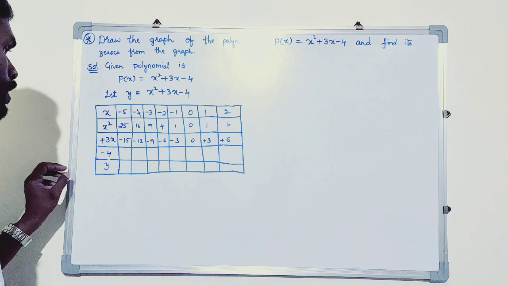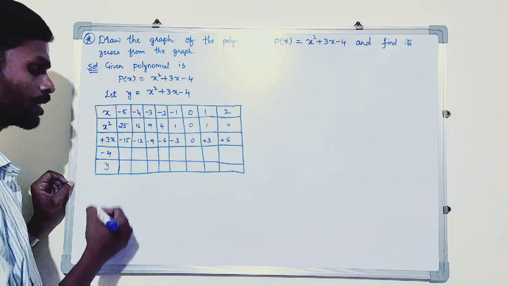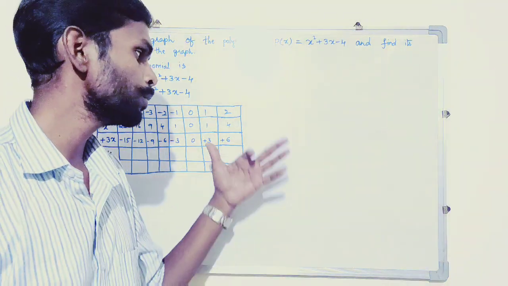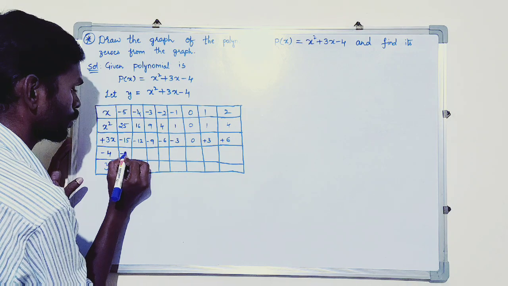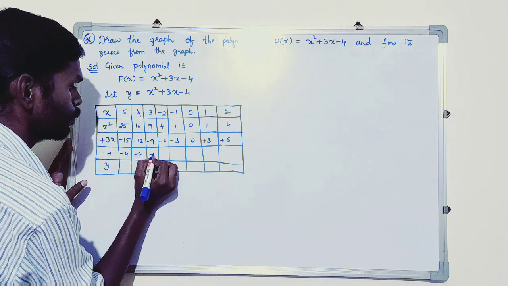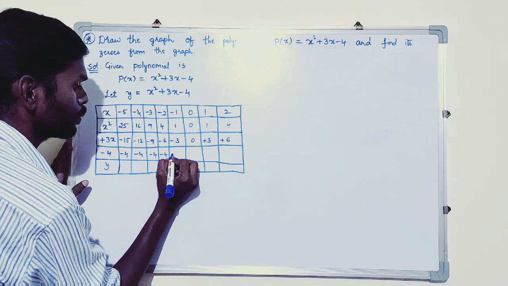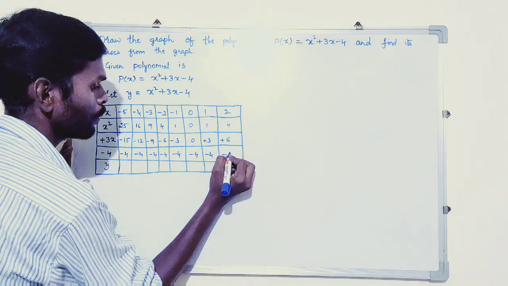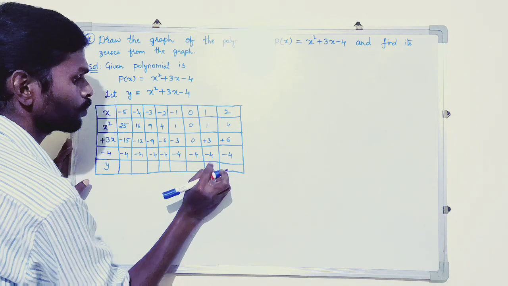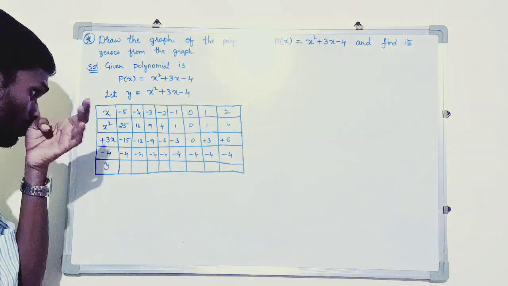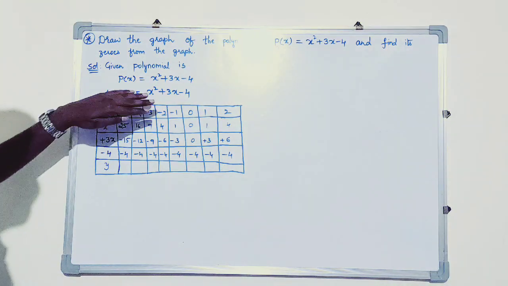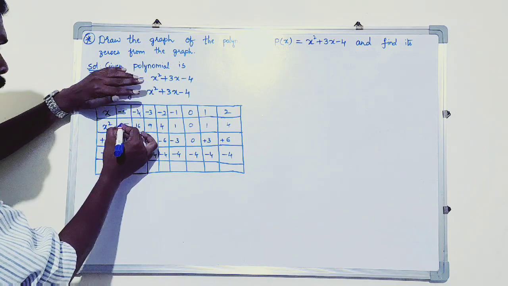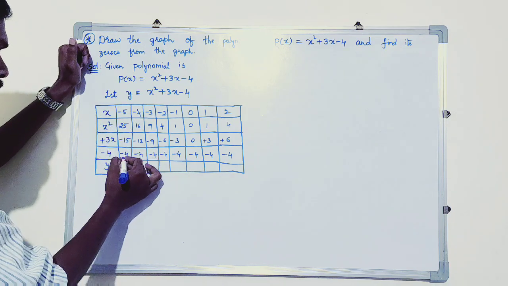No, x is not there. Simply saying, it is a constant. So for the constant, you need to take the same value: minus 4, minus 4, minus 4, minus 4, minus 4, minus 4, minus 4. Okay. Now you need to add these three values.